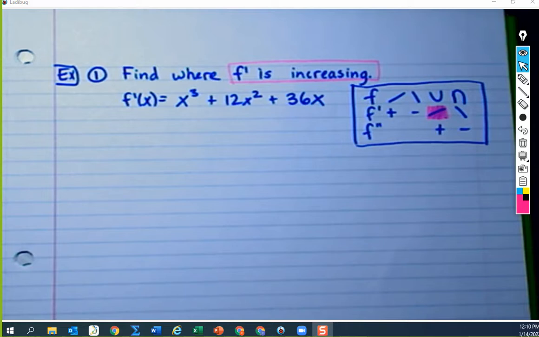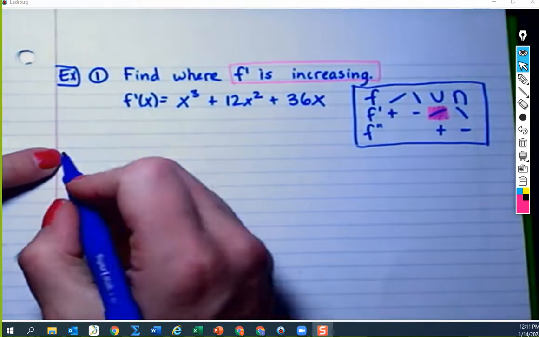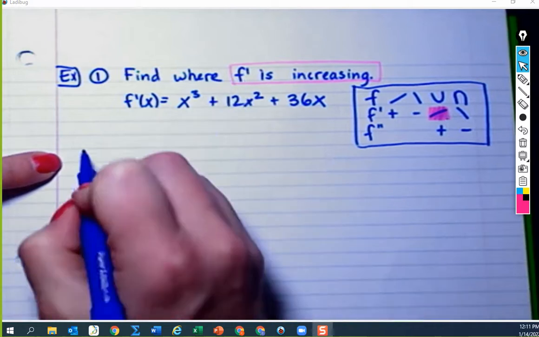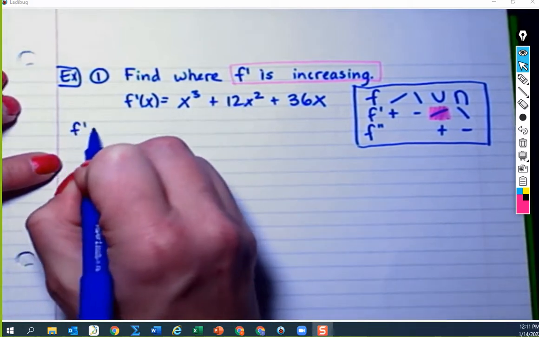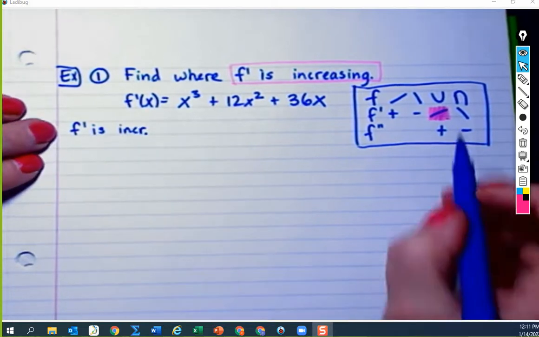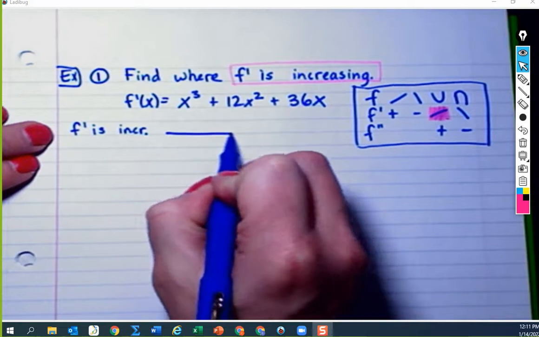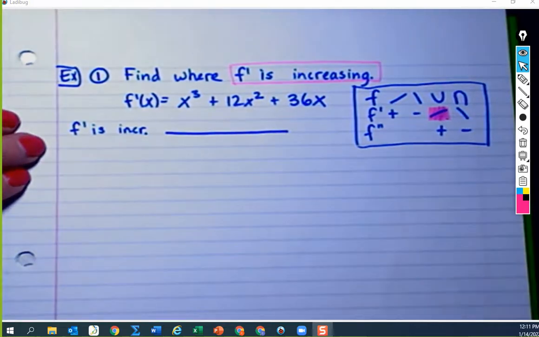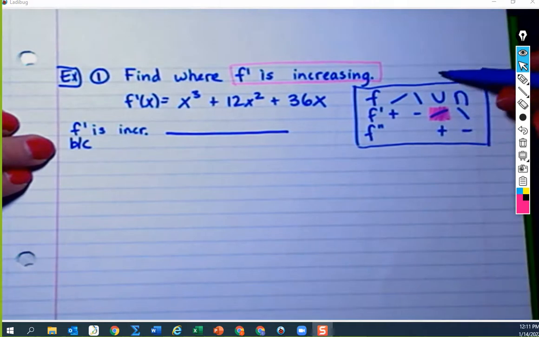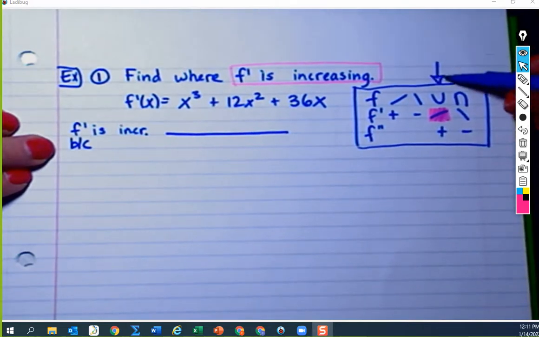So now that I have the third column identified, I'm going to write my sentence. I'm going to start with f prime because that's what it wants. F prime is increasing somewhere because. So I'm in this column right here.